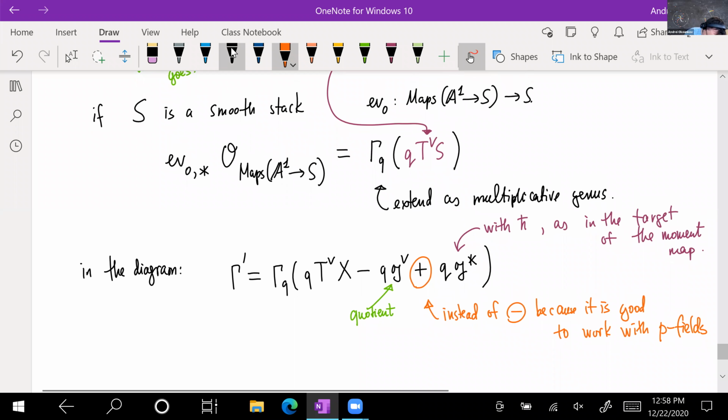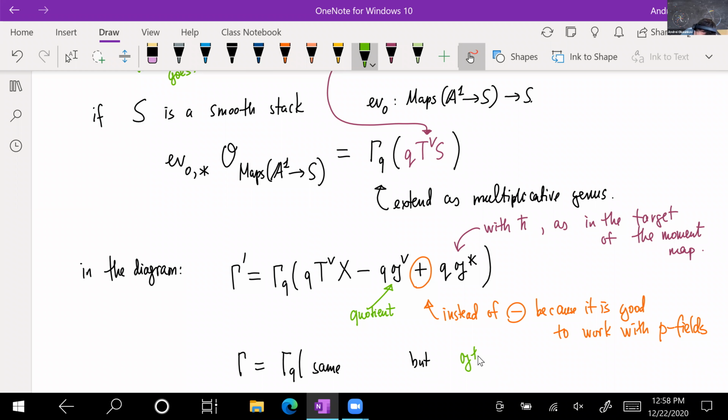And then gamma is the same, but here instead we take just star, no q. That q we remove, and this has to do with what we discussed last time, with the prime and non-prime.